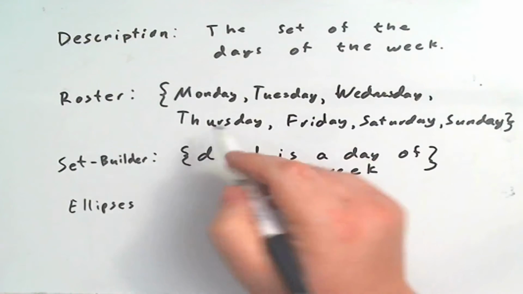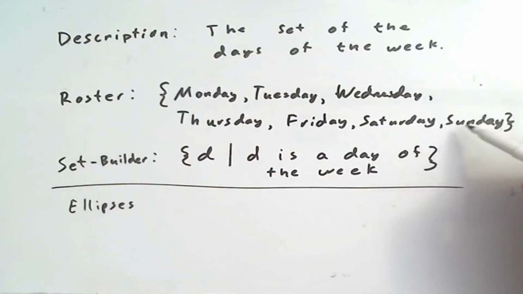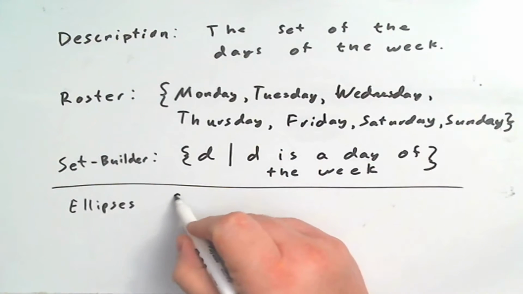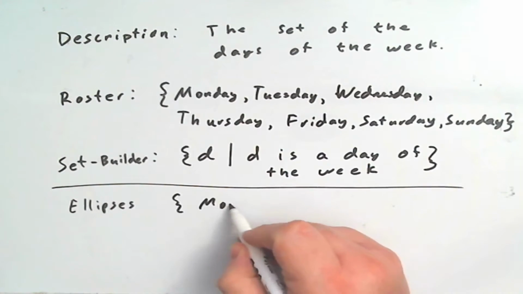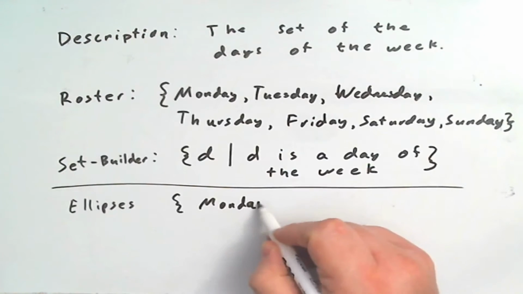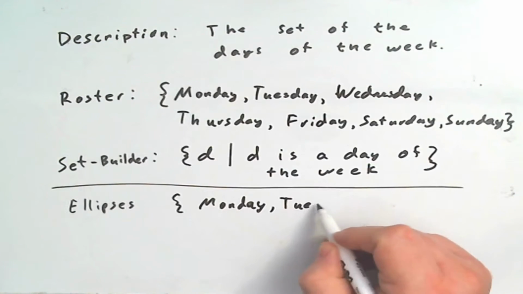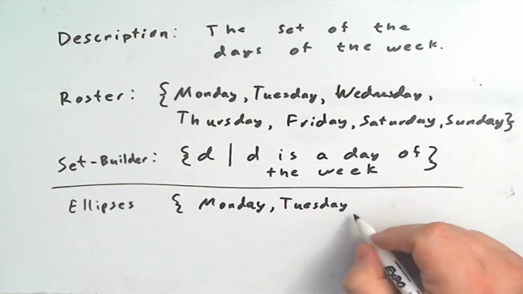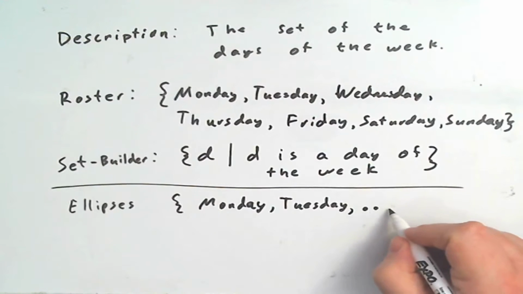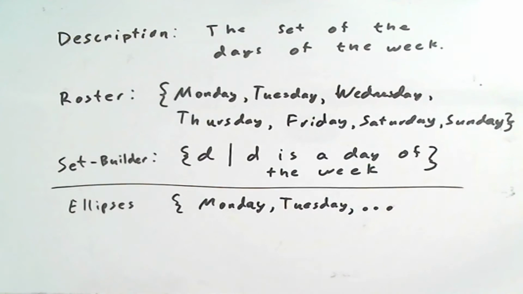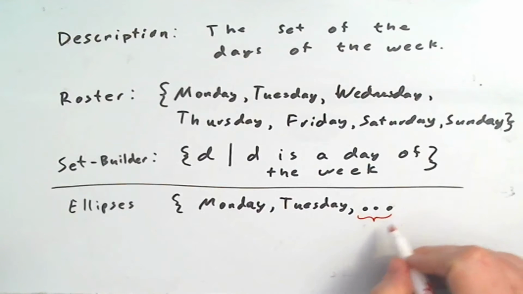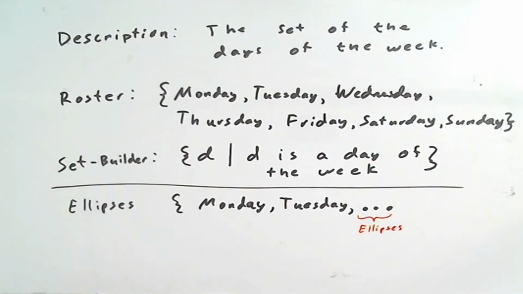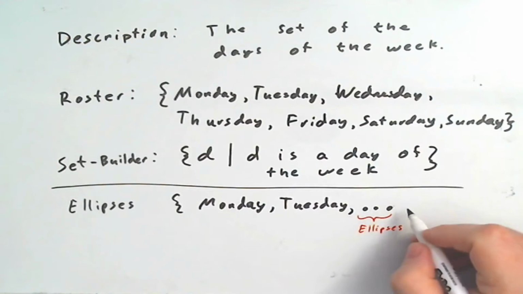So for example, returning to this roster form of the days of the week, I could have expressed it as Monday, Tuesday, right? I've already established sequential days starting with Monday. And then I could put these little dot, dot, dot. These are my ellipses. These are called the ellipses. Okay? And it simply means continuing on in this same pattern established.